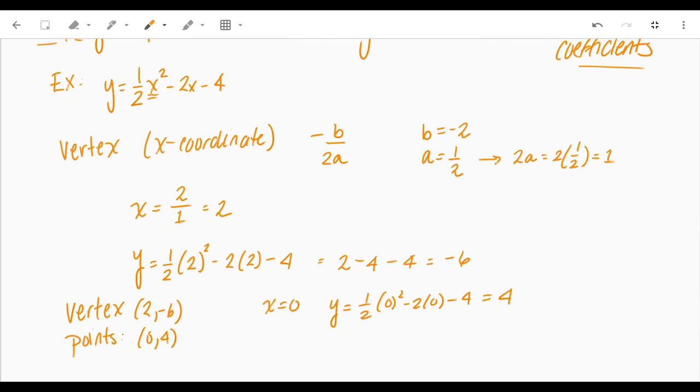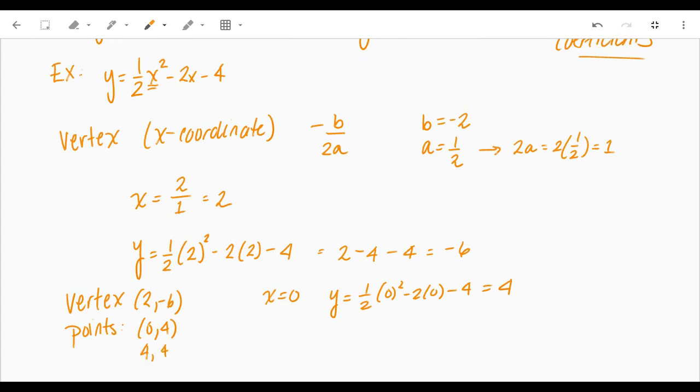Remember, with your parabola, the vertex is 2, -6, and in this case it opens up, so that's the lowest point. So if 0, -4 is on the parabola, there's your line of symmetry, then 4, -4 also has to be. I can get away without having to plug in 4.